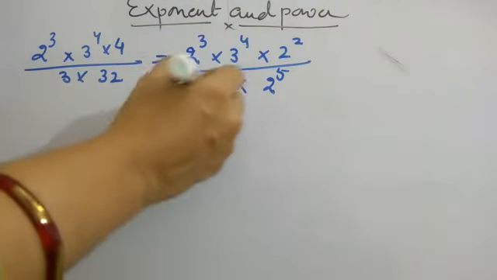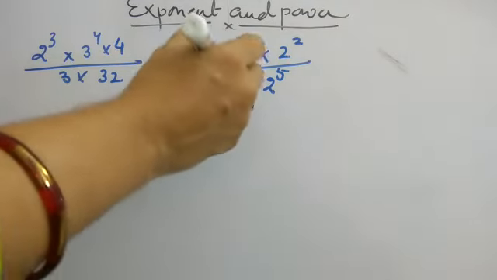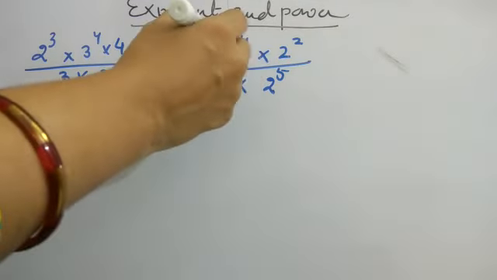So this is 2 to the power 3 plus 4, 7, and 7 into 9 upon, sorry, this is 3, this is not 2, so we cannot add it. Now 2 to the power 3 and 2 to the power 2, so it makes 2 to the power 5, and this is 3 to the power 4 upon 3 into 2 to the power 5.